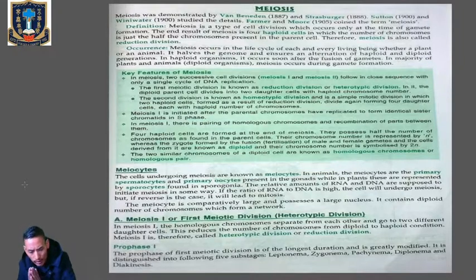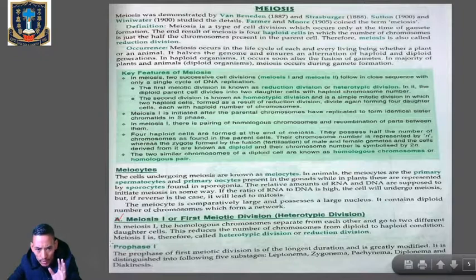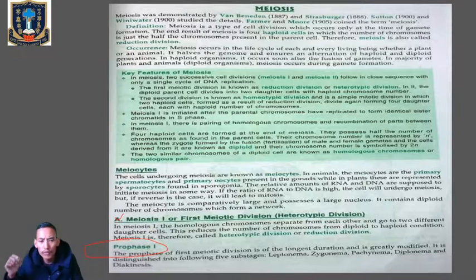First of all, let us talk about prophase 1, the first phase under meiosis 1. Prophase 1 of the first meiotic division is the longest phase, and also a more complex one.